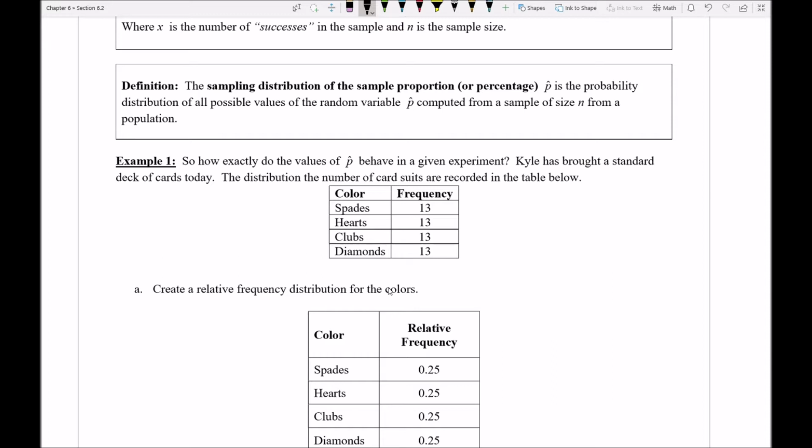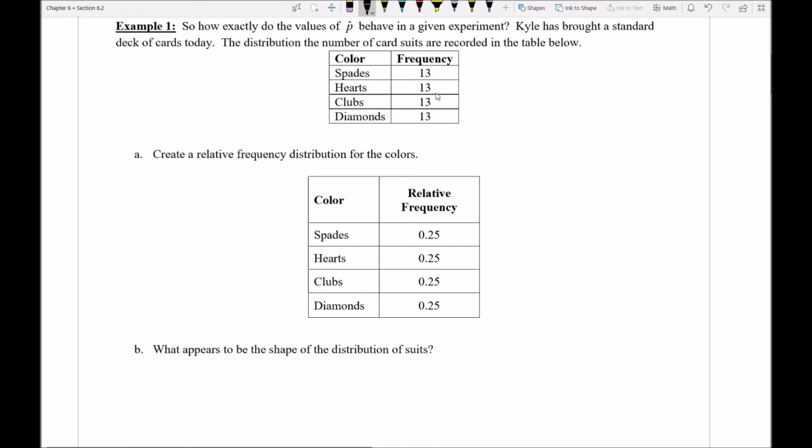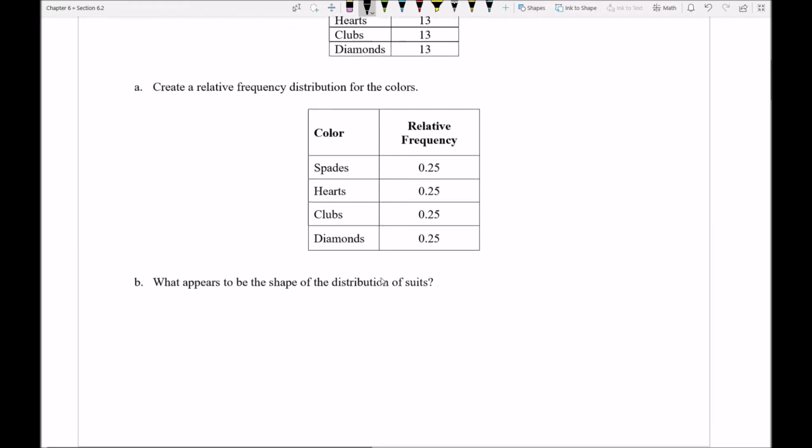Calculating that isn't actually difficult, and I've already gone ahead and done it here. If there are 13 in each category, then 25%, or 1/4 of all the results, occur in each category. So if I was going to describe the shape of this distribution of suits, I would easily be able to say this is exactly uniform. Every category has the exact same relative frequency.